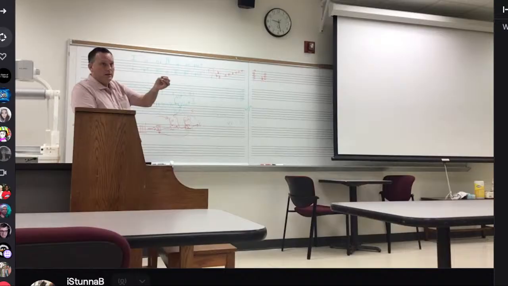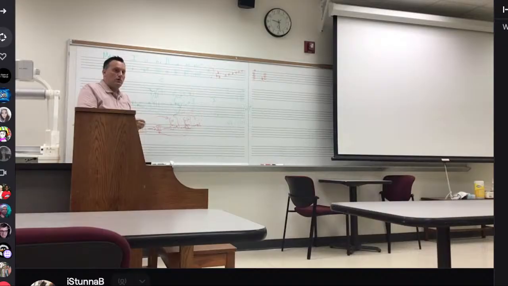And the reason for the 7 sometimes going to the 5 is because the 5 to 1 is a stronger connection than 7 to 1, because of that sol wanting to go up to do, and then you also have the leading tone in there.